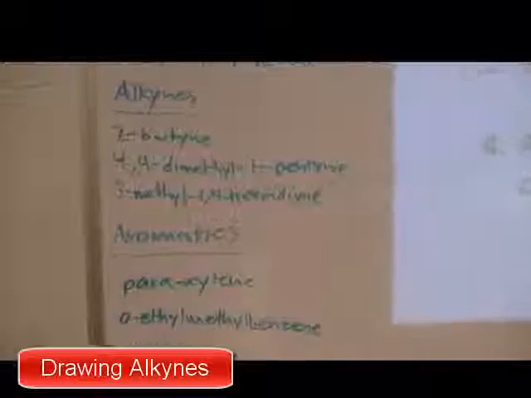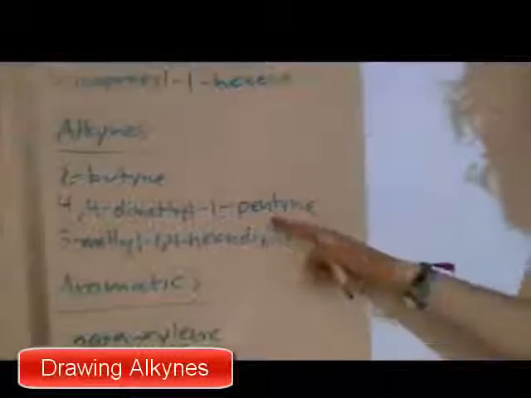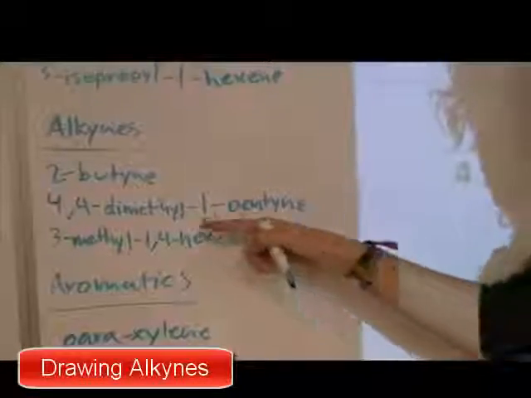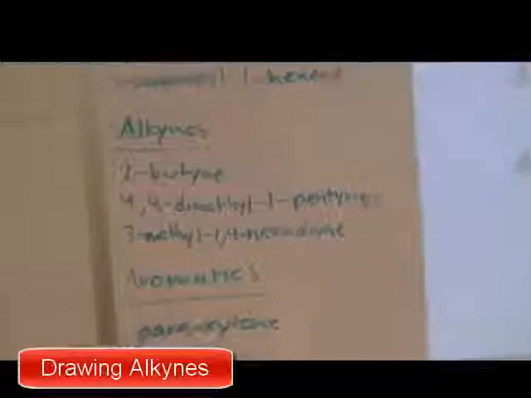The second one will be 4,4-dimethyl-1-pentyne. It's a carbon chain of 5 carbons with 2 methyls in place number 4.